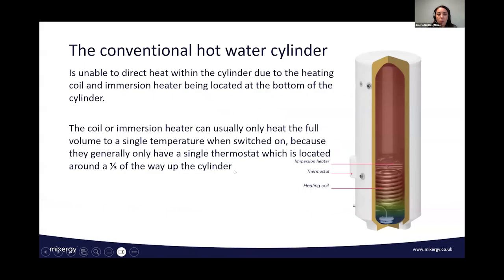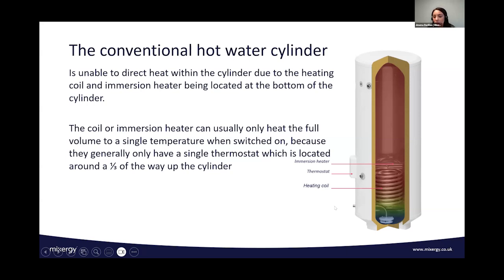First of all, the way a conventional hot water cylinder works is that it's unable to direct heat within the cylinder due to the heating coil and the immersion being located at the bottom of the cylinder. This means that they heat the full contents, and you will usually only have a single thermostat, located around here.